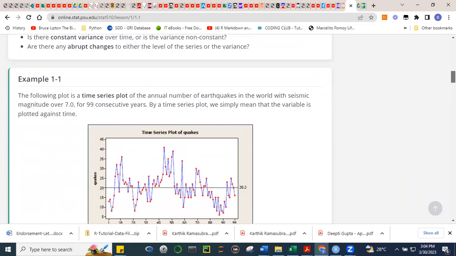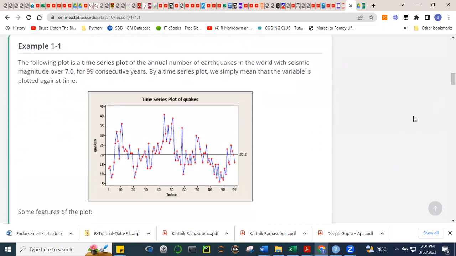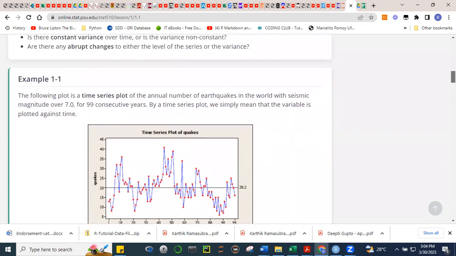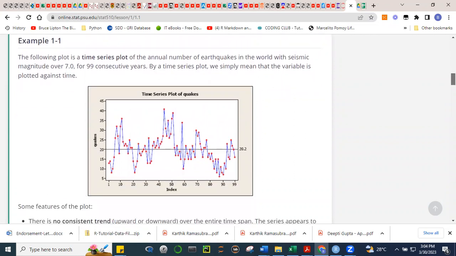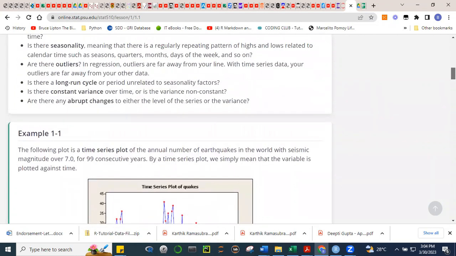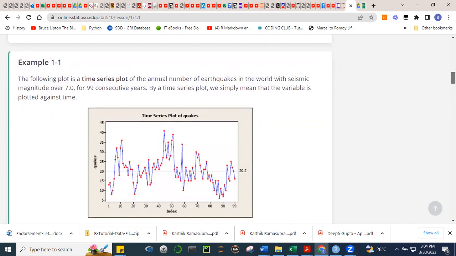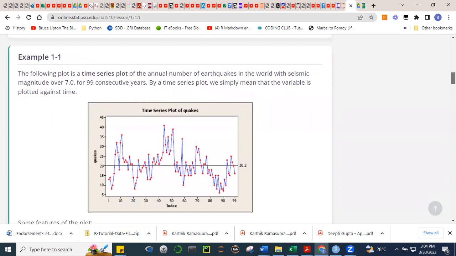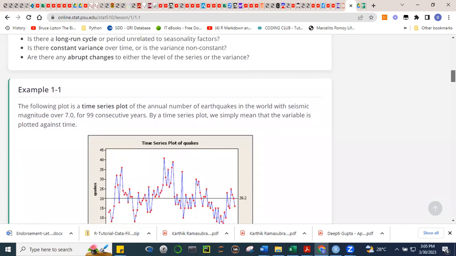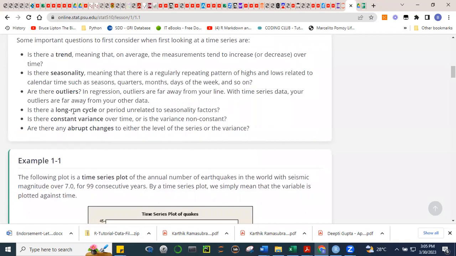As far as outliers are concerned, there does not seem to be any. There are no data points that really stand out by being very, very high or very, very low. Long run cycle will be quite difficult to determine; we have to dig deeper to answer this.